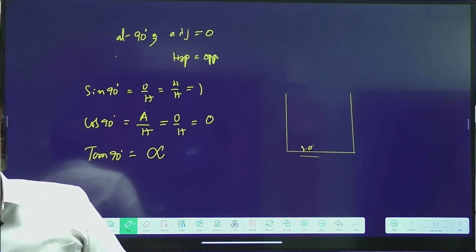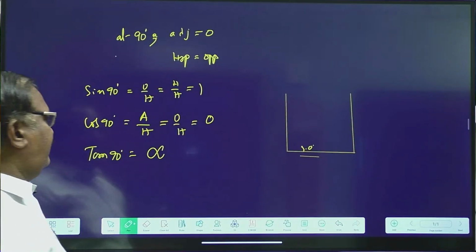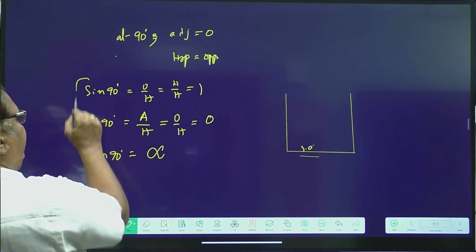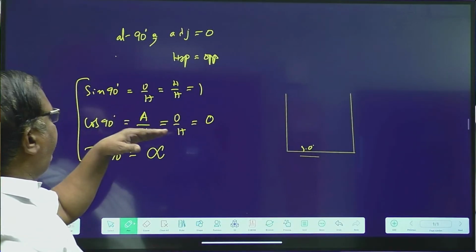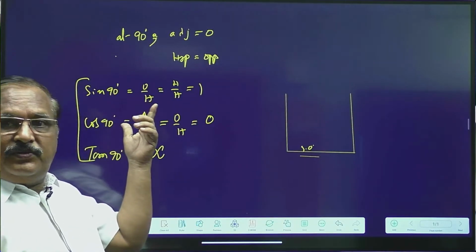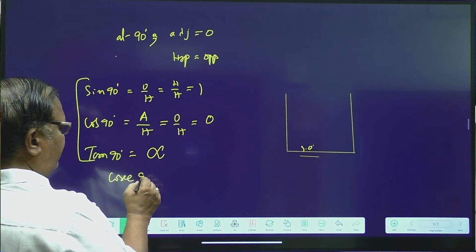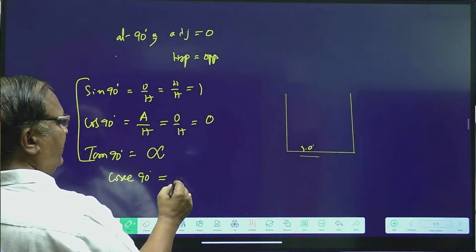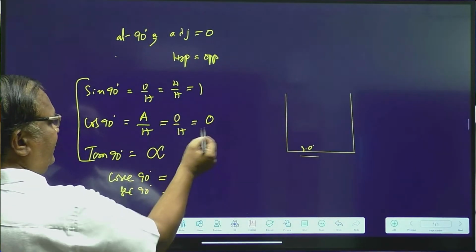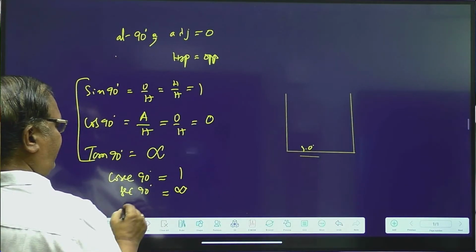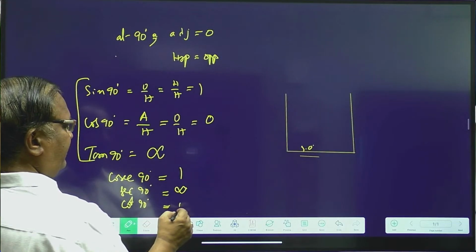Then the remaining three: cosecant theta is the reciprocal of sin. Reciprocal of 1 is 1. So secant 90 is the reciprocal of 0, which is infinity. Cot 90 is the reciprocal of infinity, which is 0.